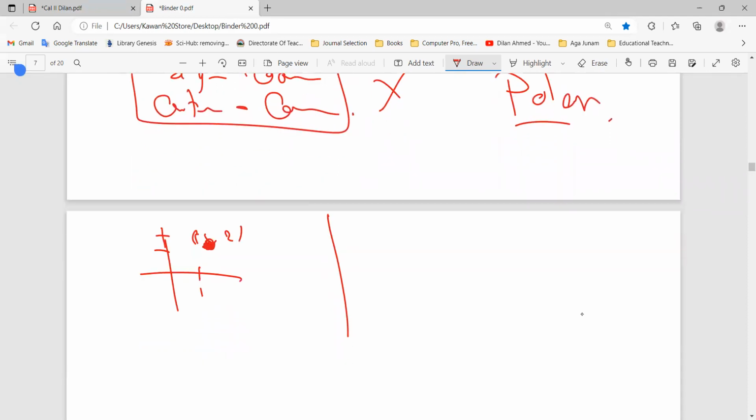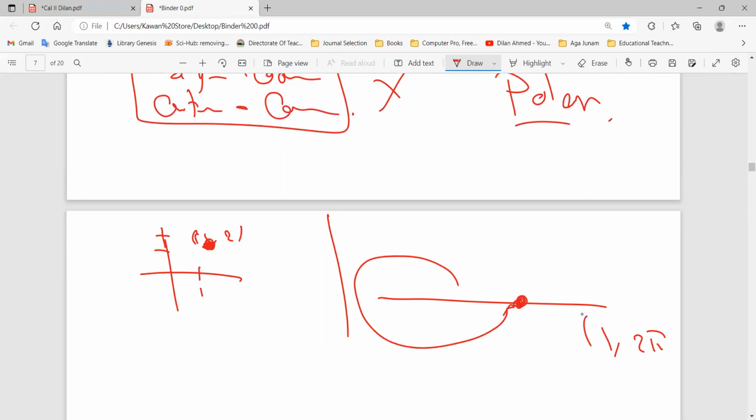But in polar, no. For example, if I say (1, 2 pi): from the origin and the ray, going around, this is 2 pi. We are back at the same point, right? If I say (1, 4 pi), which point do I get?